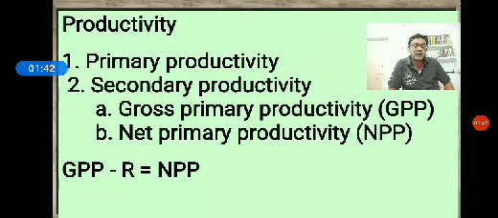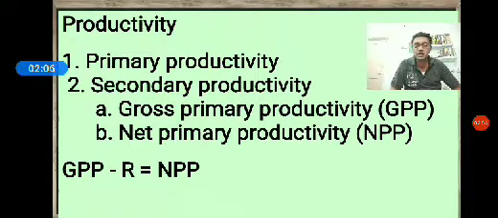Gross primary productivity means the rate of production of biomass or organic matter during photosynthesis by producers. The second one is net primary productivity. It means a considerable amount of energy or biomass is utilized by plants for respiration, and the remaining energy or biomass is transferred to the next trophic level.